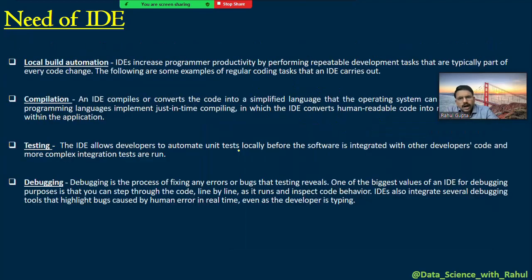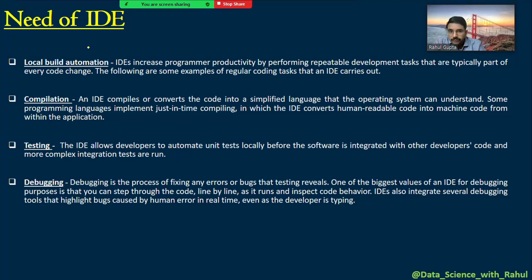Now let's move on to other things, like local build automation. What is the meaning of that? It can increase programmer productivity by performing repeatable development tasks, which are typically part of every code change. Whenever you are changing the code, you can utilize the IDE for that.